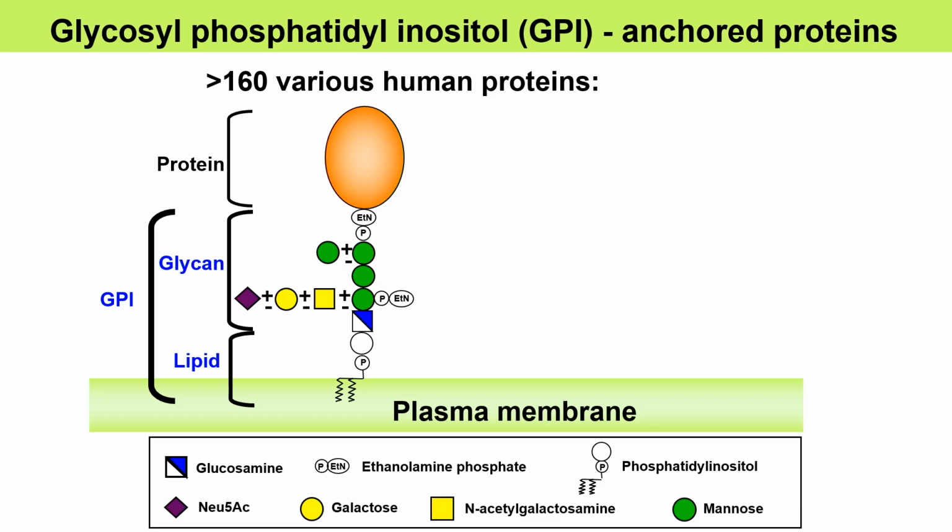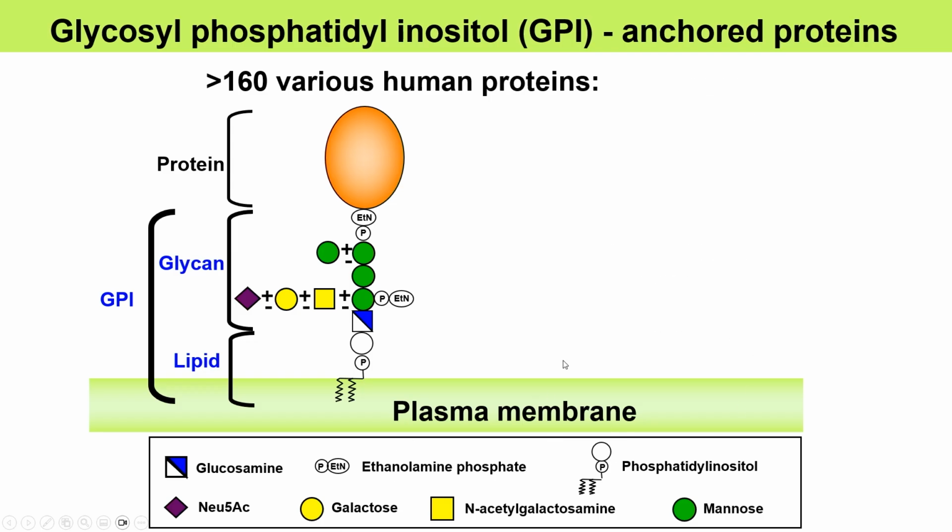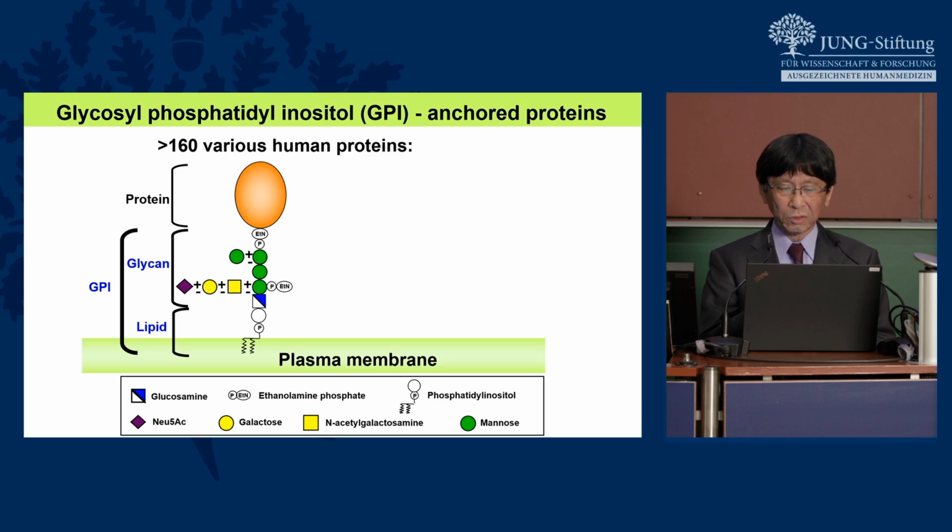But different from the typical transmembrane proteins, the protein part of the GPI-anchor protein does not penetrate the membrane directly, but instead the glycolipid termed GPI is attached to the carboxy terminus of the protein, and the lipid portion of the GPI anchors the entire protein to the outer leaflet of the plasma membrane. And the lipid part is a phosphatidylinositol, and the glycan part consists of the core and the side chains.